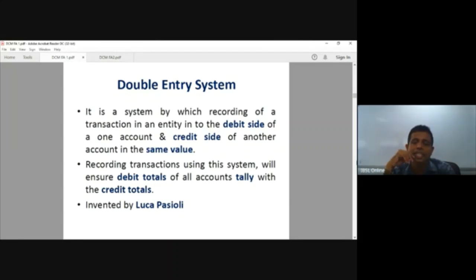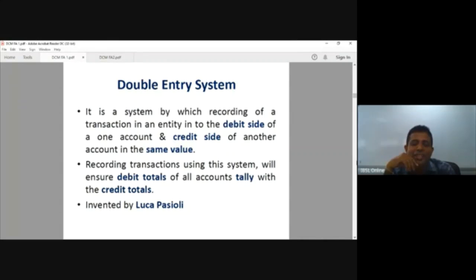That is called the double entry system. This was introduced by a famous Italian called Luca Pacioli. If Luca Pacioli had not been there in the past, today we would not have this session. Thanks to Luca Pacioli, we are having this session today.